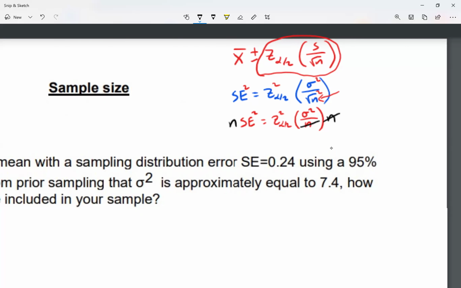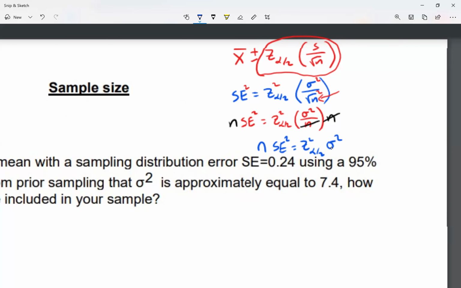So that means I have n times the sample error squared is equal to my z-score squared times my sigma squared, standard deviation squared.